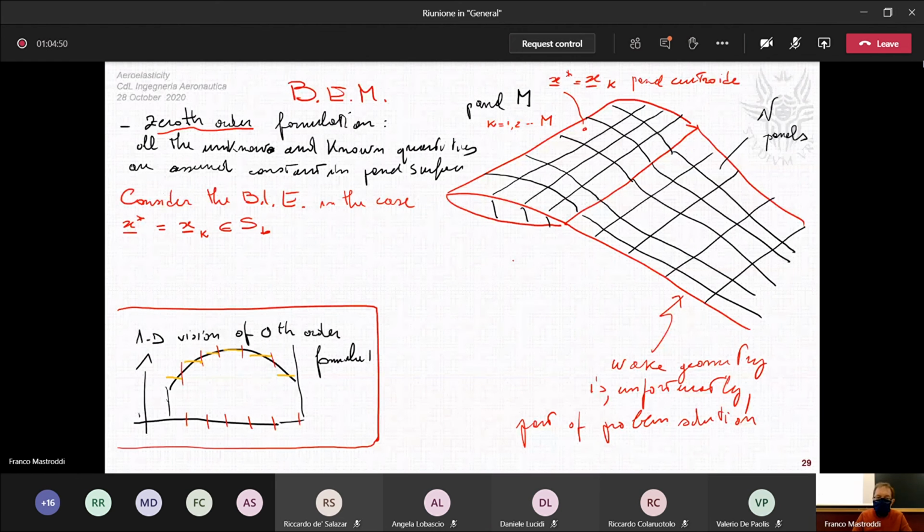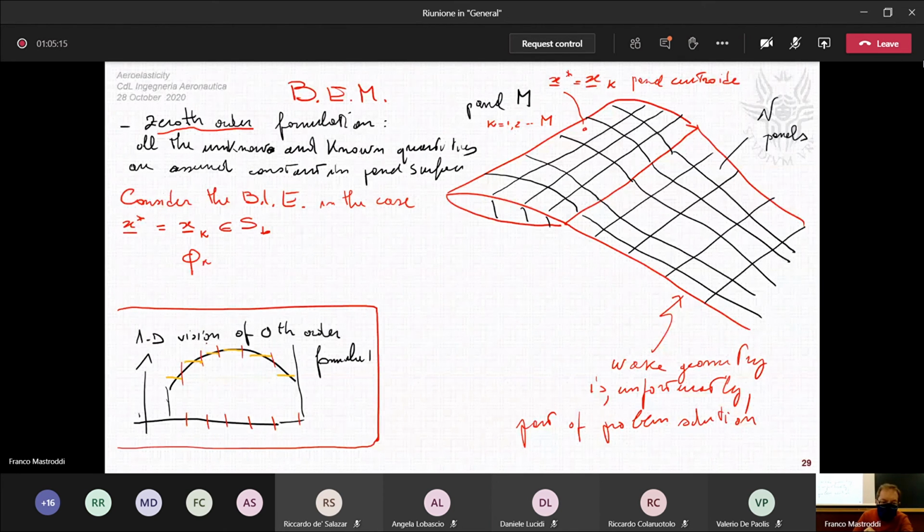Okay, so essentially I am collocating the equation in a generic K panel. So what I have is phi, instead of writing x star, I write phi k, the value of the unknown phi in the centroid K.